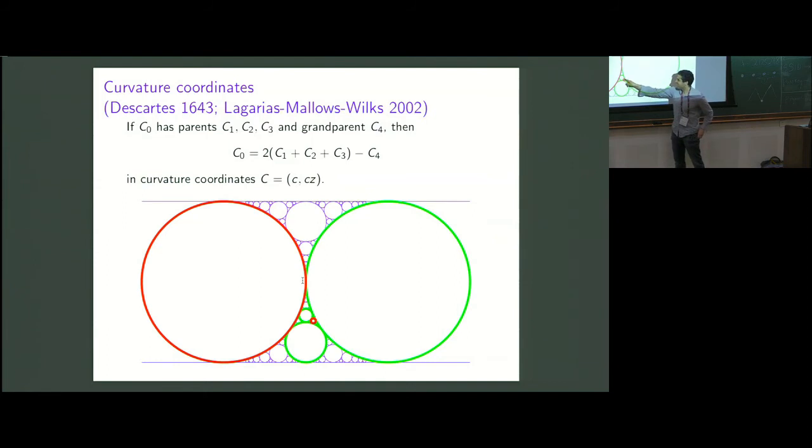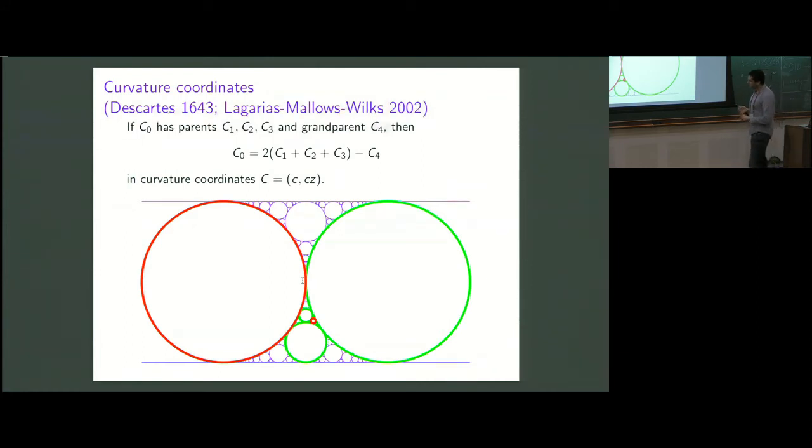So this red one on the inside is tangent to the 3 greens, but there's also another one on the outside that's tangent to the 3 greens. We call that the grandparent. The big red one is the grandparent of the little red one. So suppose you know the curvatures of everybody except for the little one.